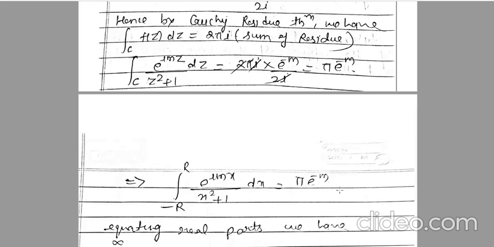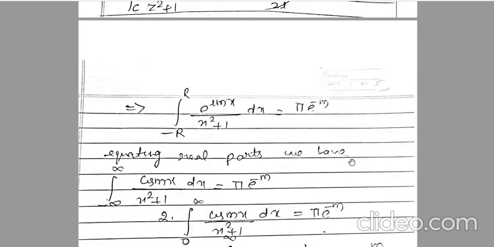Because in the given question we have 0 to infinity cos mx upon x square plus 1. So for the semicircle, we just change our z function into an x function, so for the x function, the minus R to R limit will be applicable.